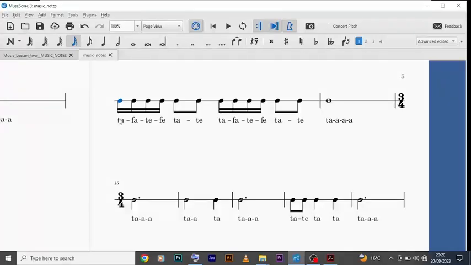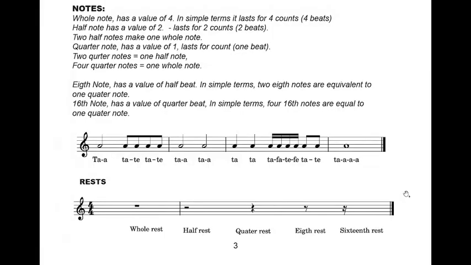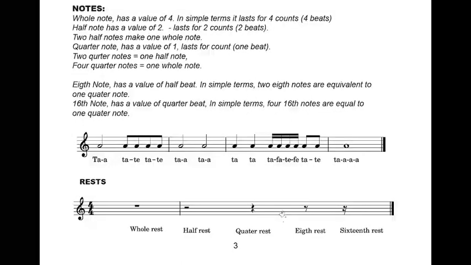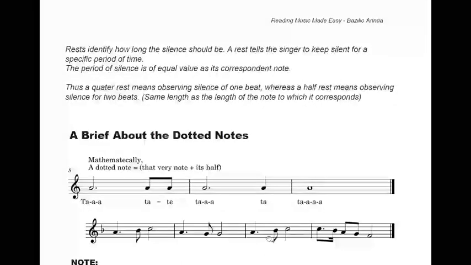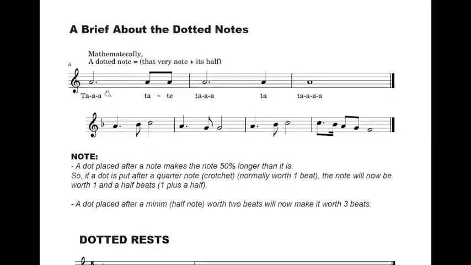Okay, this is briefly about the music notes. Before we leave this section of music notes, I want us to do something slight about the dotted notes. Dotted notes, mathematically, a dotted note is equal to that very note plus its half.